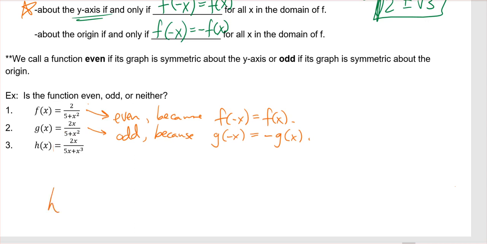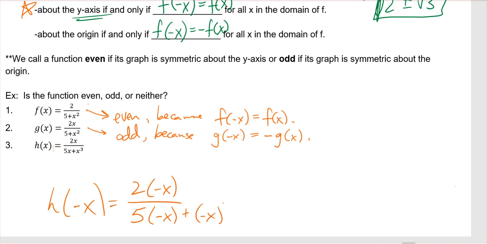So let's see why. If I put a negative x in there for x, we got 2 times negative x over 5 negative x plus negative x to the third. Simplifying, we multiply that through, we got negative 2x, negative 5x there, and then cube a negative, it stays negative.